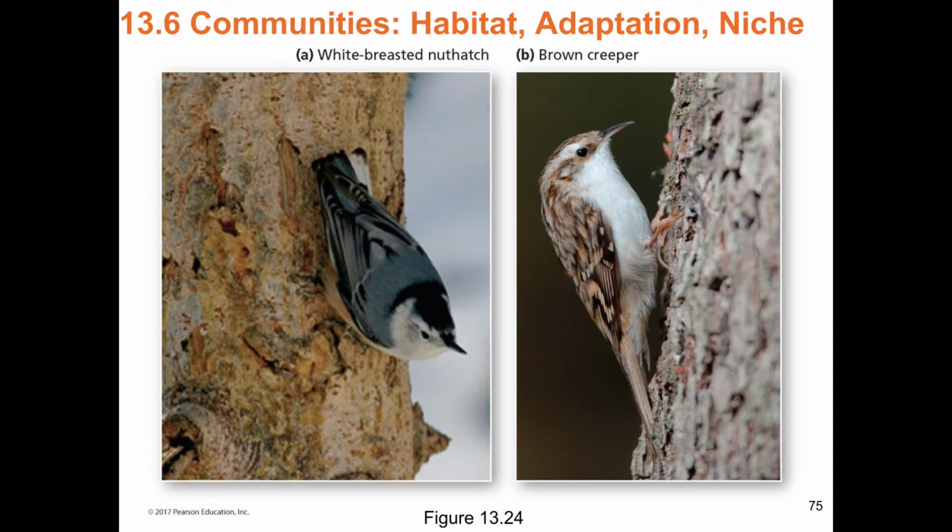The brown creeper sees the bugs as it goes up the tree, so they don't run into each other. There's no conflict. Everything's copacetic because they're not in the same niche. They're in the same habitat. They might even both be eating bugs, but they're different niches because of the physical characteristics of the organism. The white-breasted nuthatch has different feet that allow it to go down the tree.